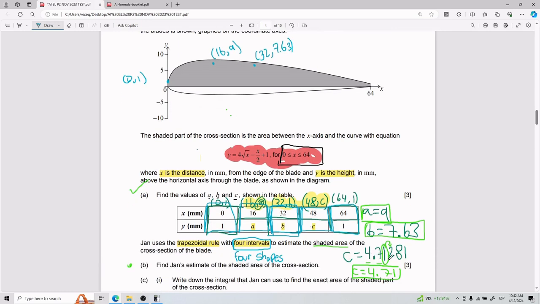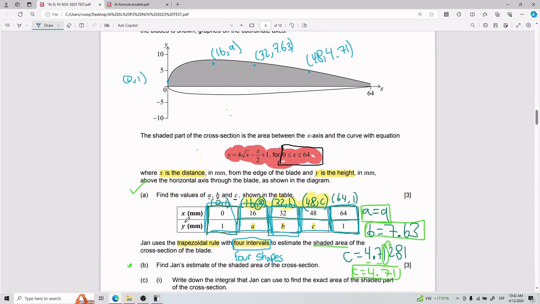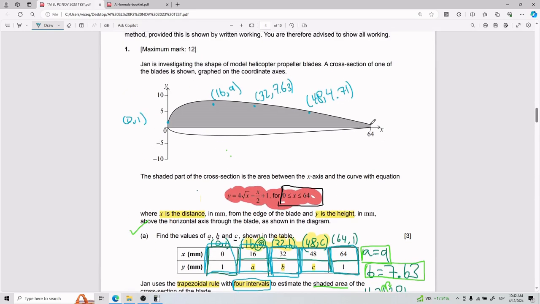And then we have 48, 4.71, so maybe here. And last but not least, we have 64, 1.